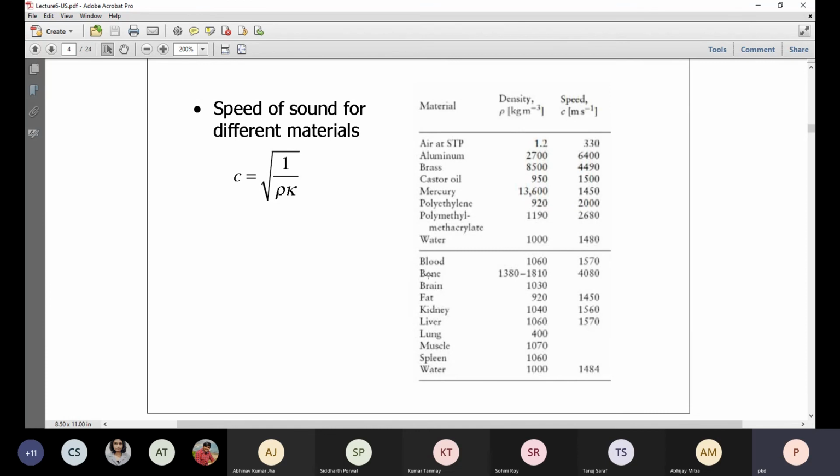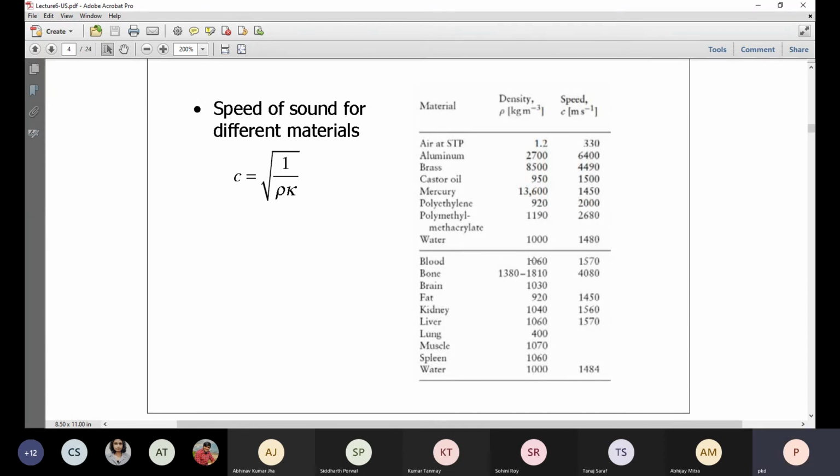Like for blood, the density is very similar to water, and also the speed is very similar to water. The bone density is higher, so we have a mismatch, a good acoustic impedance discontinuity between blood and bone.